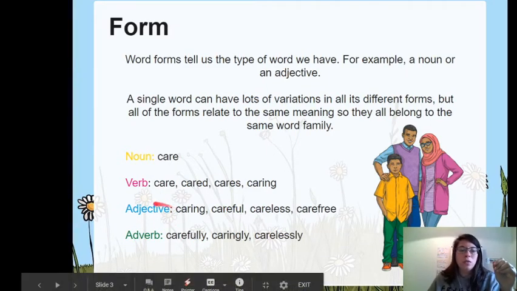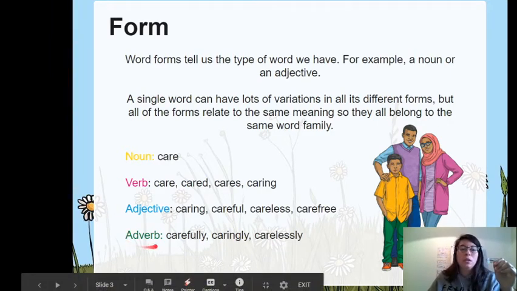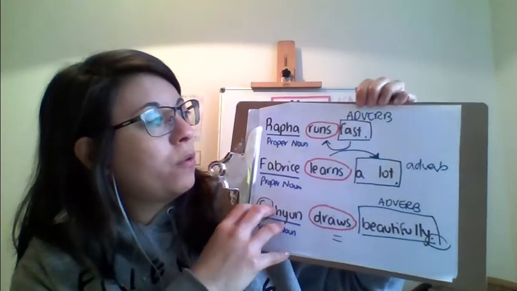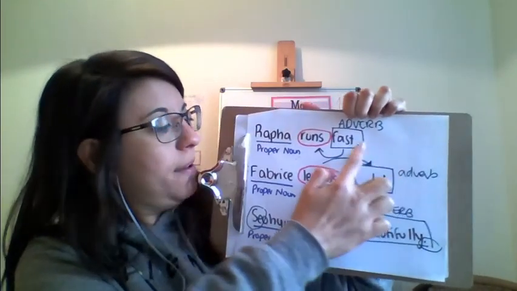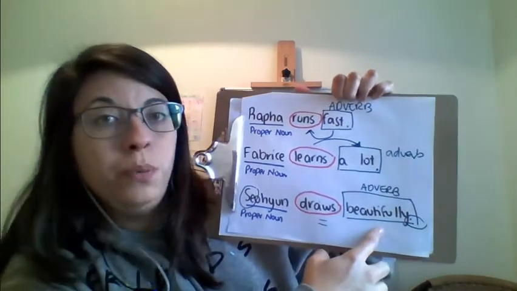An adjective is a word that describes a noun. And we learned something new, which was adverbs. And for that, what we did was a little example with these 3 sentences that I created for you. And in case you had forgotten, I wrote 3 sentences. Rafa runs fast, Fabrice learns a lot, and Sahyan draws beautifully.